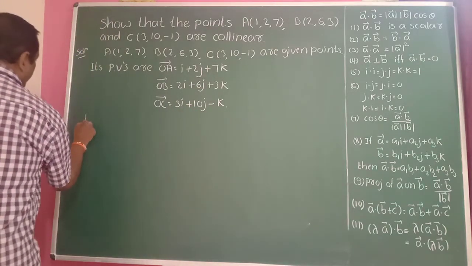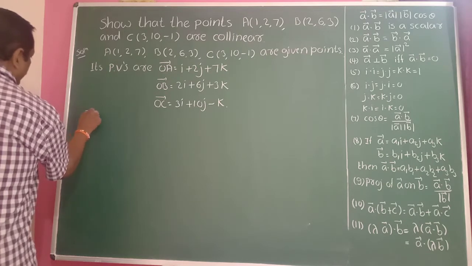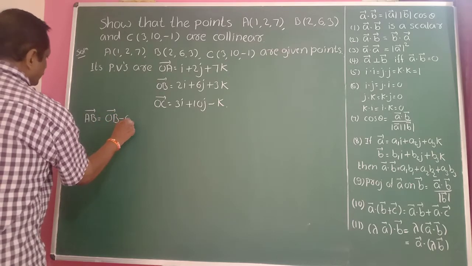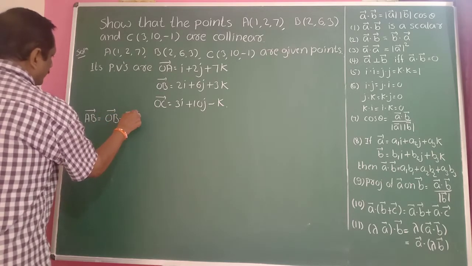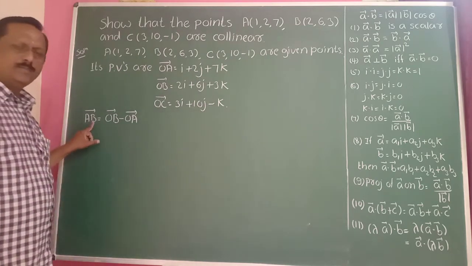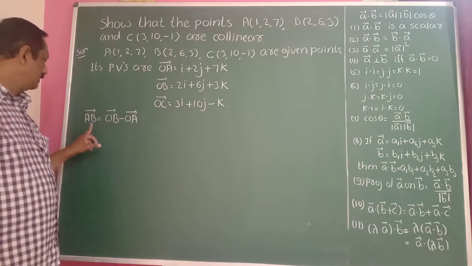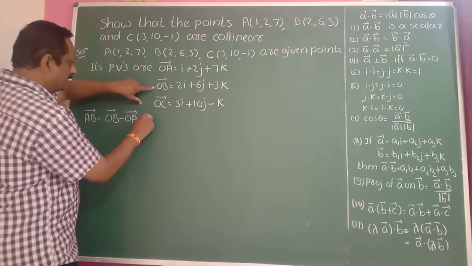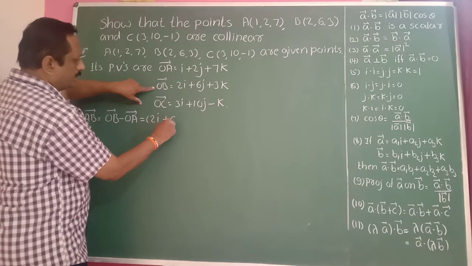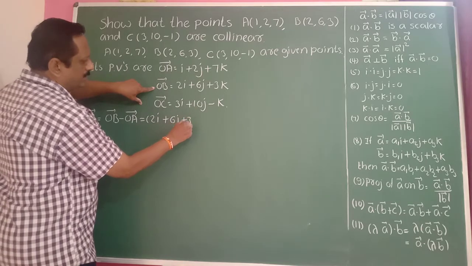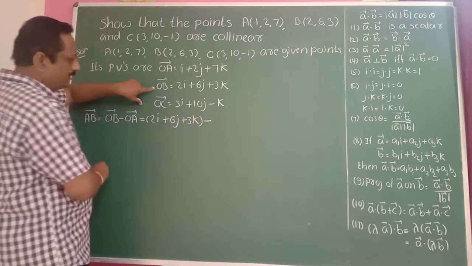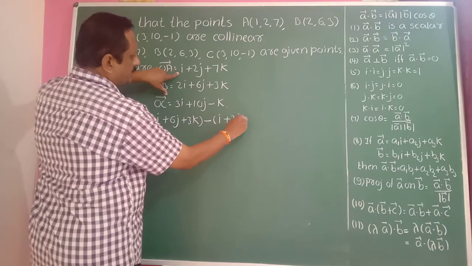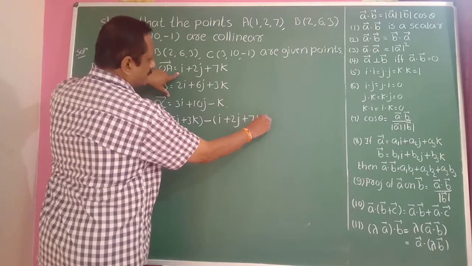Then you find the vector AB. The vector AB is equal to OB minus OA. Take the position vector of the point B minus the position vector of the point A. OB is 2i plus 6j plus 3k, minus the vector OA, which is i plus 2j plus 7k.